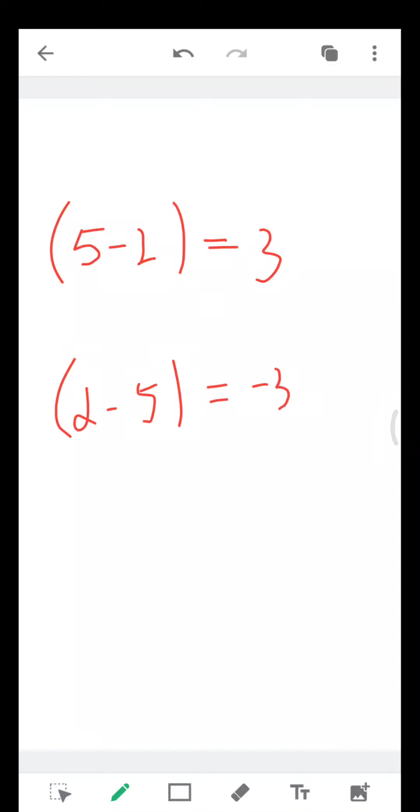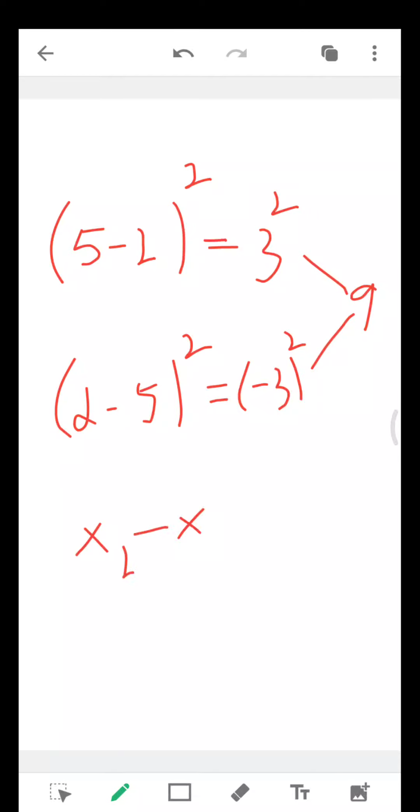But when you square them, 3 square and minus 3 square, what will be your answer? This will also be 9 and this will also be 9. So when you square after subtracting, you'll get the same answer. So that is the reason I said in the formula you can write x2 minus x1 whole square, or you can write x1 minus x2 whole square.